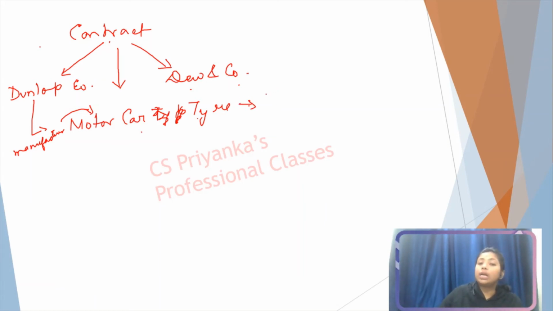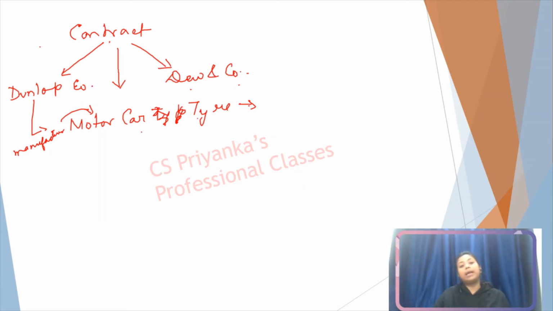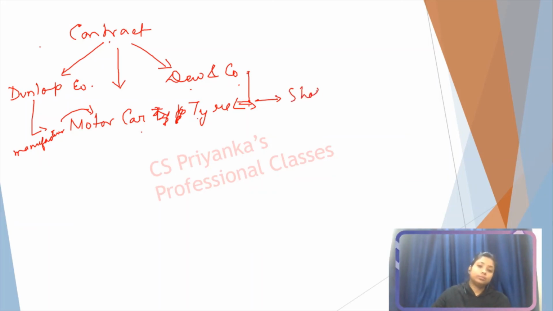and there is one condition in the contract that after buying this motor car tire, if Dew and Company wants to sell it, they can sell it, but the price should not be below list price. So what does this mean?